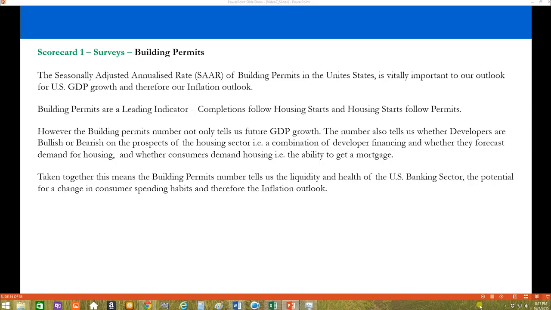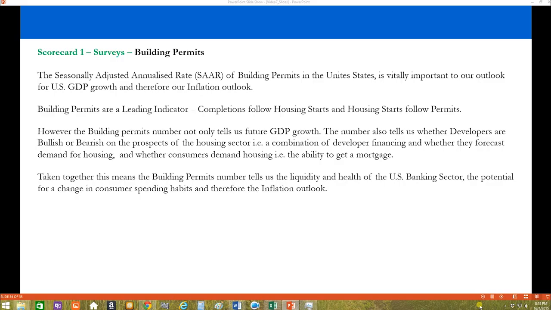Therefore, the loan environment is better. It gives you a good barometer of the health of the US debt market, so the liquidity in the banking sector. And that in itself is very important for the overall economy.